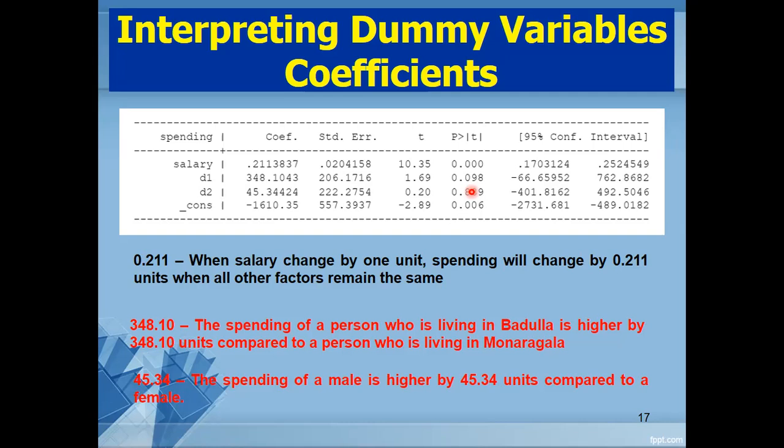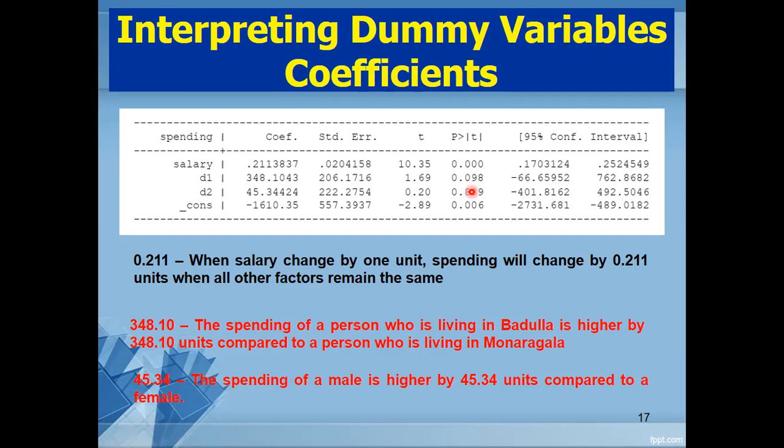If it is not statistically significant, it implies that there is no gender variation in household spending, or otherwise, that gender is not an important factor in explaining household spending. You should specifically keep these points in mind. These are very important points.